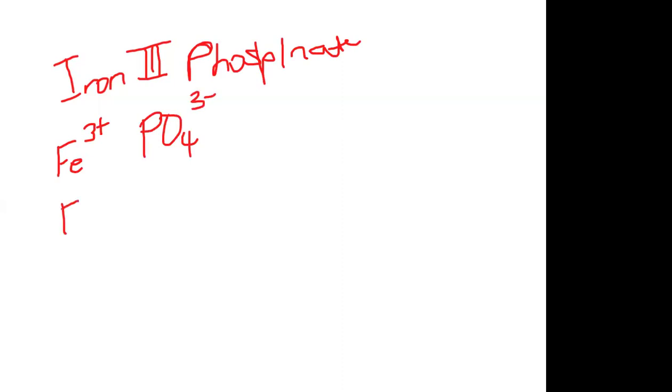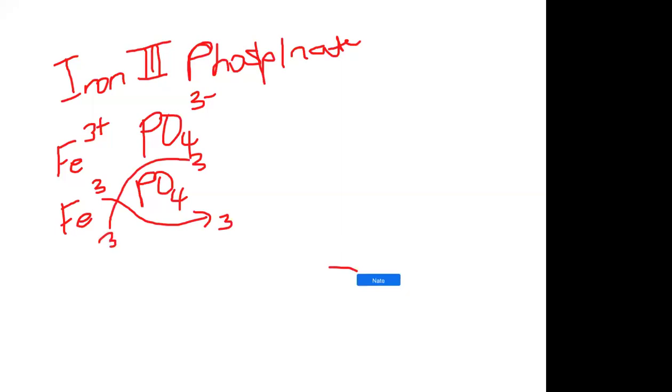So Fe3, PO4 3. I'm writing back the formula without the plus or the minus sign, and then I swap 3 and 3. Both of them are 3, so I'm going to divide both by the same number, which is 3. So it's 1 of each.